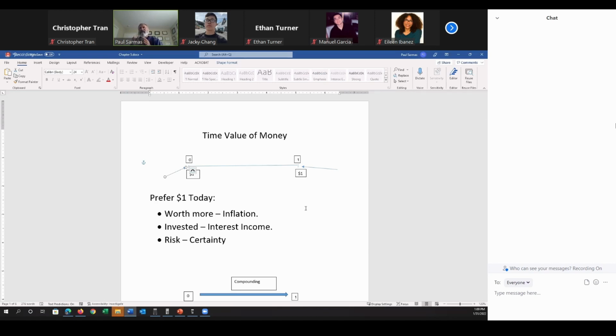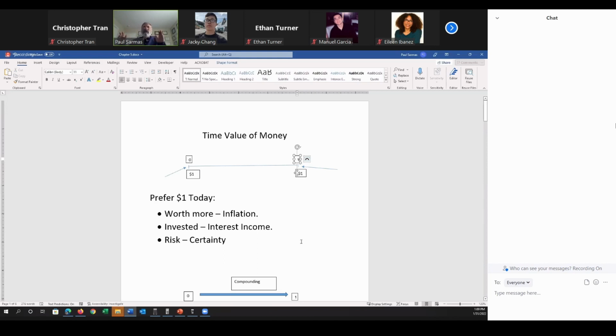So beginning of year 1 is when time 0. End of year 1 is time 1. 1 is end of year 1, 0 is now or beginning of year 1.